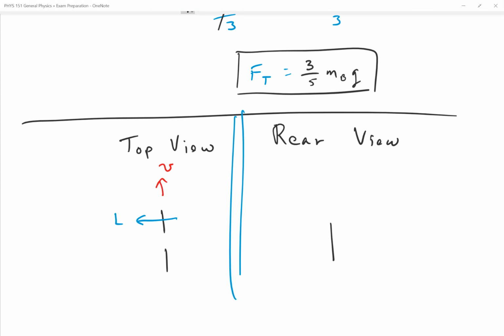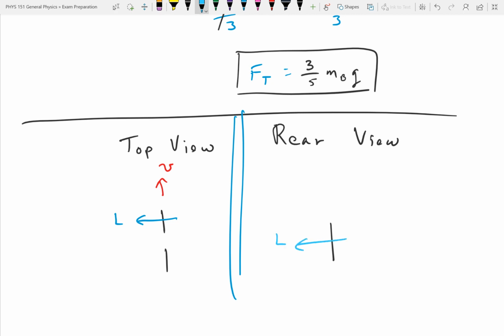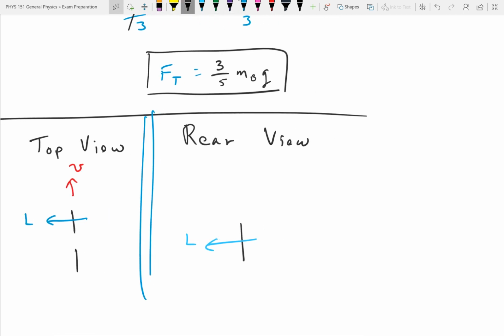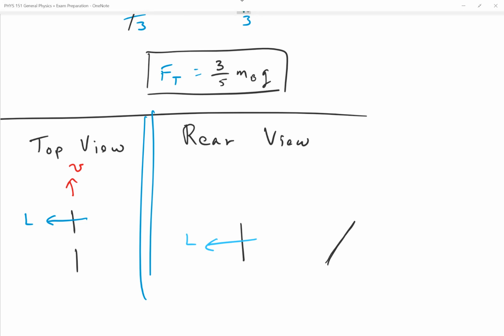If it's traveling away from us, right, rear view means it's traveling away from you, then we have our angular momentum still pointing that way. It's going from top, just rotated it, it's still pointing to the left. So our angular momentum's to the left. But now we're going to have it tip. So having it tip, it's now like this. And of course, the angular momentum would have to point that way if it's tipped.